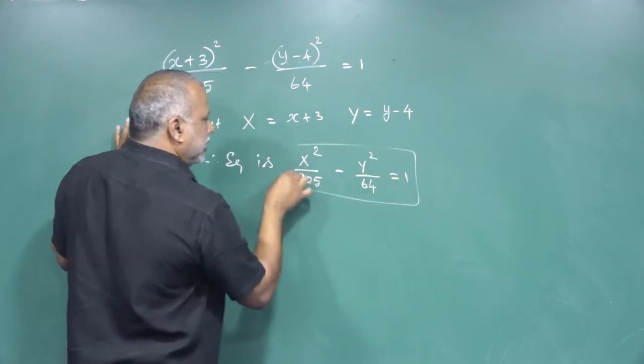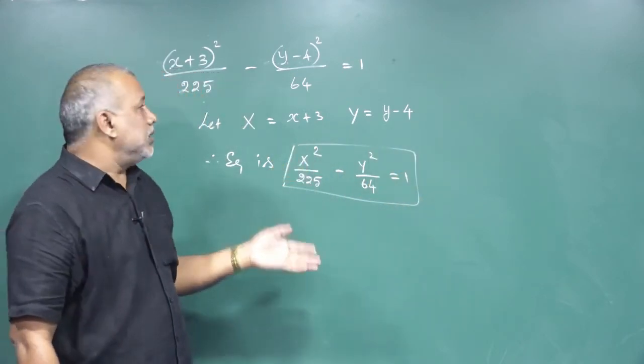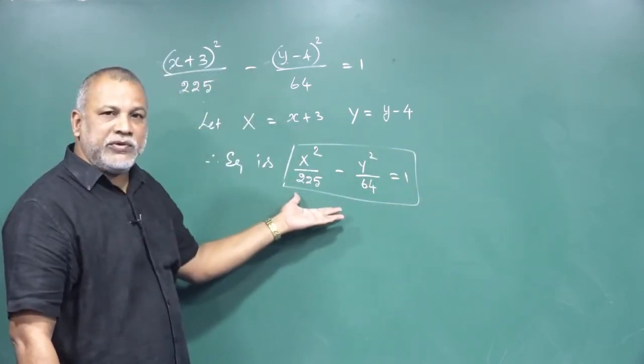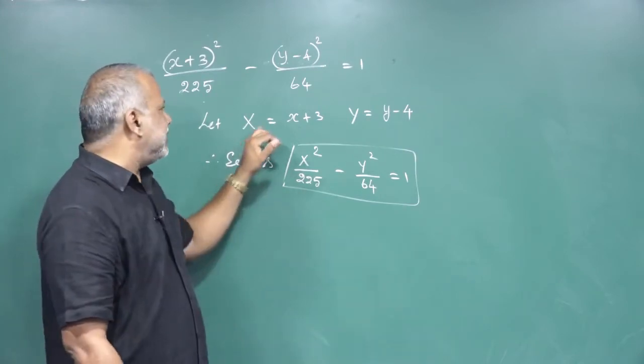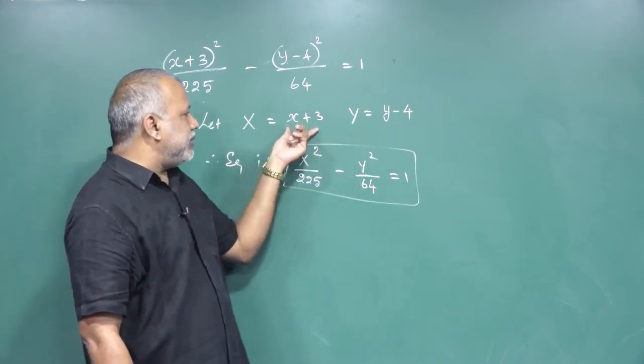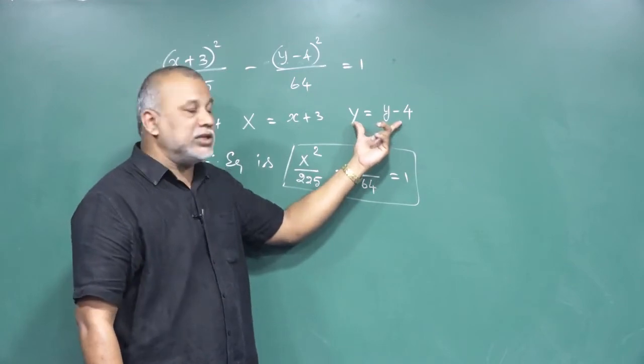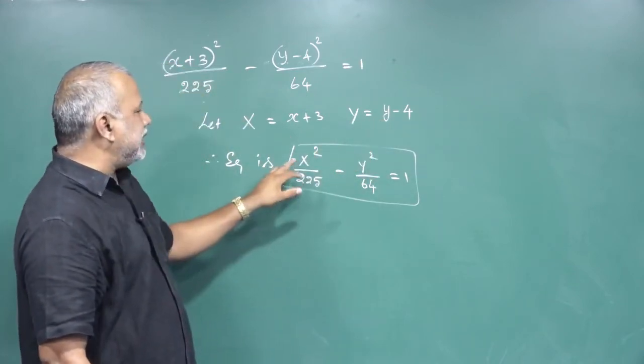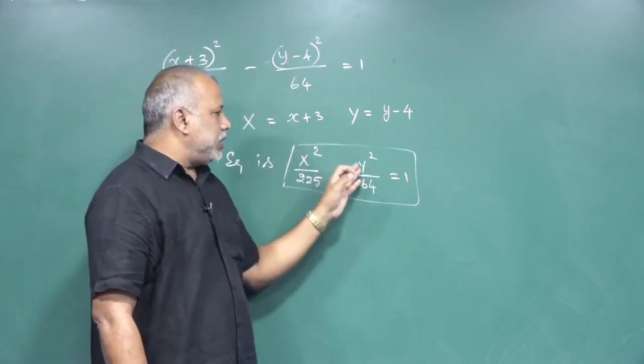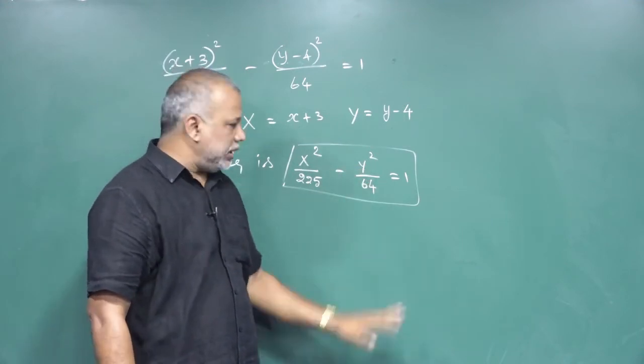Now see, it is in the standard form. So the given equation can be modified with the help of the naming capital X and capital Y. Therefore, substitute here: capital X squared by 225 minus capital Y squared divided by 64 equal to 1.